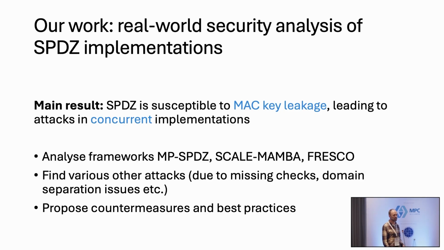If not implemented carefully, this can easily lead to attacks in settings that exploit multi-threading and concurrency. We analyzed some frameworks to identify their susceptibility to this weakness, and along the way we also pointed out various other issues and implementation bugs that lead to different kinds of attacks.